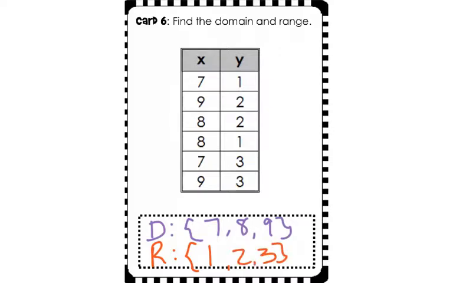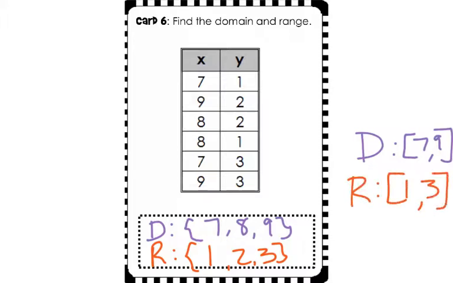But then again, if you wanted to do domain is from 7 to 9 like this, that's perfectly fine with me. And if you wanted to do range is from 1 to 3 like this, that's also perfectly fine with me. Whatever you prefer. And that looks like it's going to be card H. So 6 and H go together.